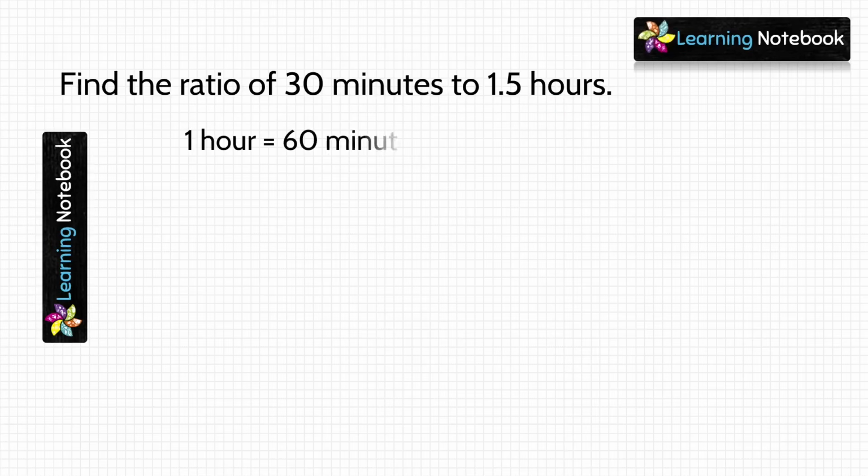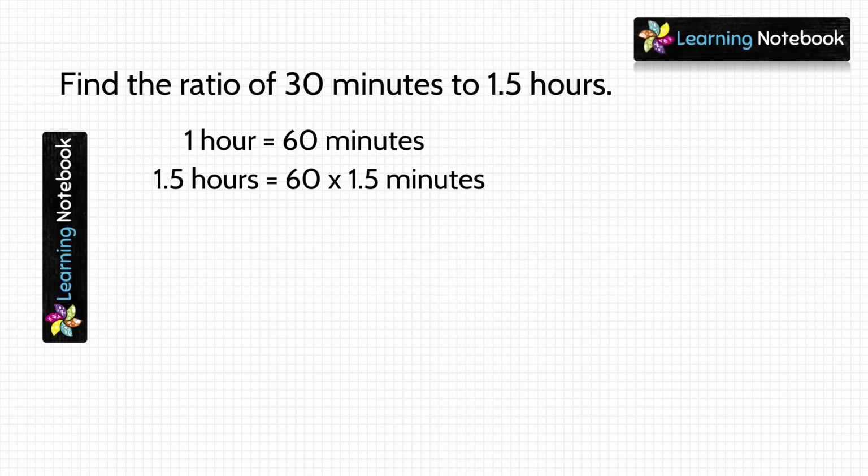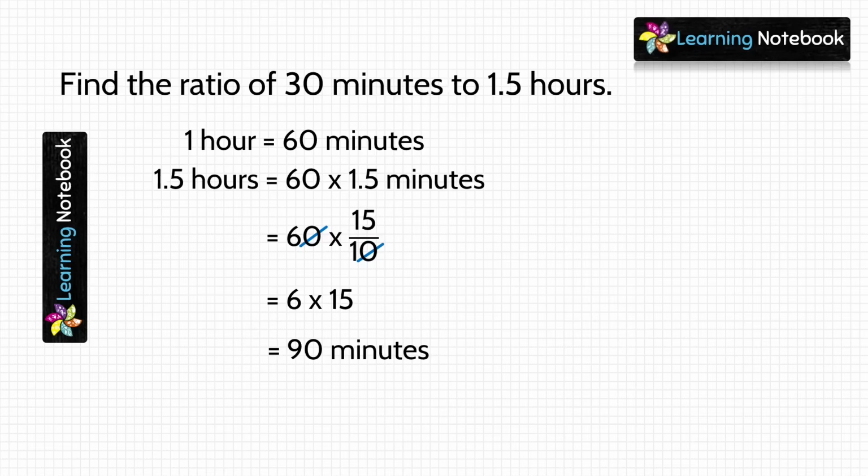We know 1 hour equals 60 minutes. So 1.5 hours would be equal to 60 multiplied by 1.5 minutes. Now 1.5 can be written as 15 by 10. So we get 60 into 15 by 10. Simplify it and we get the answer as 90 minutes. So we have converted 1.5 hours into 90 minutes.